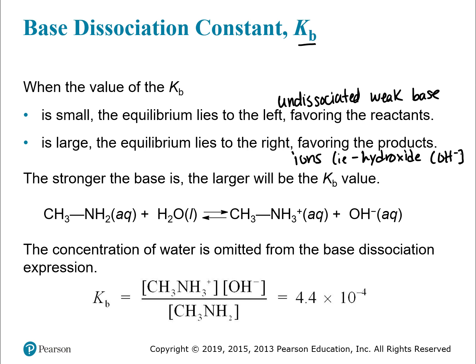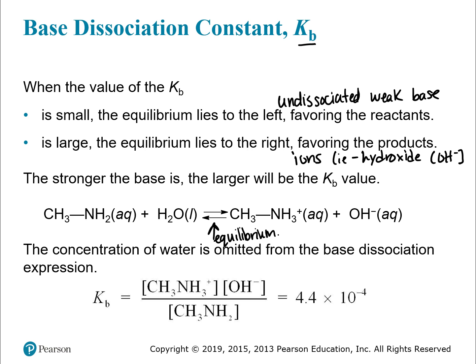So here we have an expression for a base. It's an equilibrium, as shown by these two arrows. Anytime an acid or a base is shown to be in equilibrium with its ions, that's another indicator that you're looking at something that's weak and something that partially dissociates.